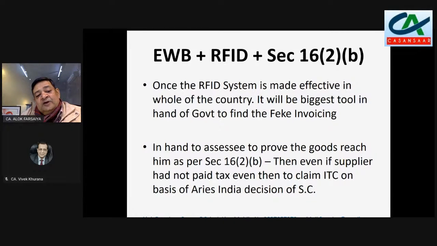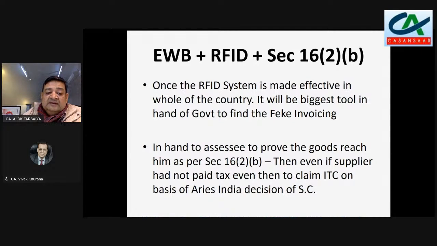Simultaneously, this is also going to help the assessee in a manner that there is a problem of fake invoices, but there is a decision of ARIS India. Although that decision is in case of VAT regime, the principle comes as it is: if I have received the goods, I have made the payment, I am a genuine purchaser and the supplier is a registered dealer, then if he has not paid the tax as per Section 16(2), my ITC will be blocked, will not be allowed to me.